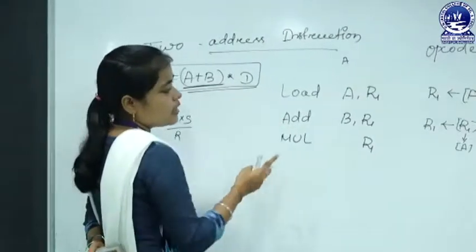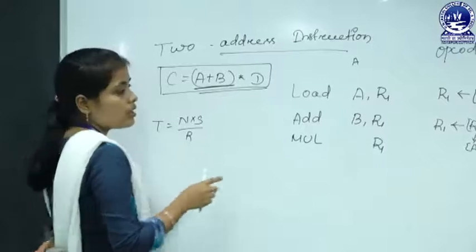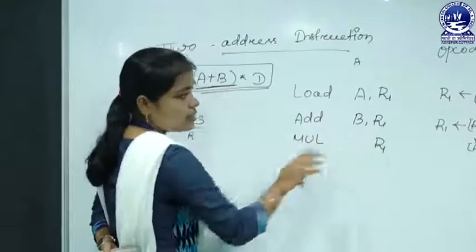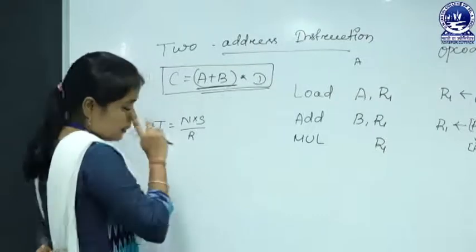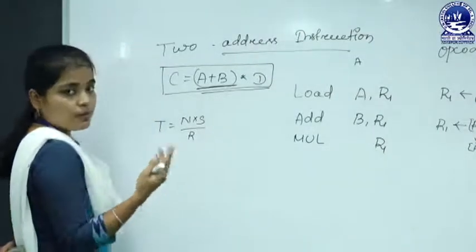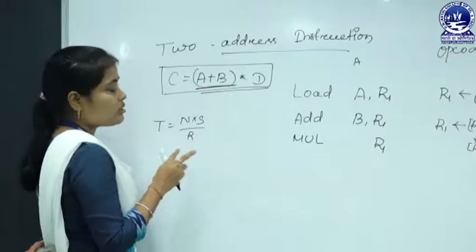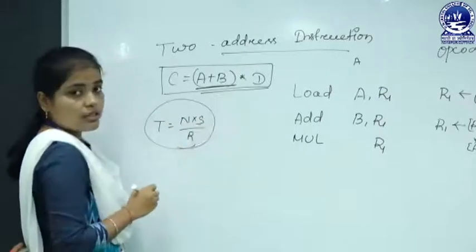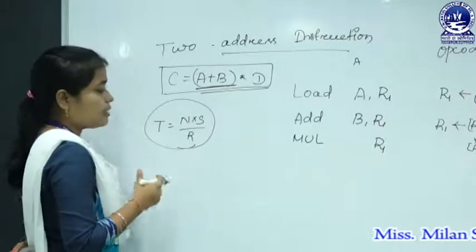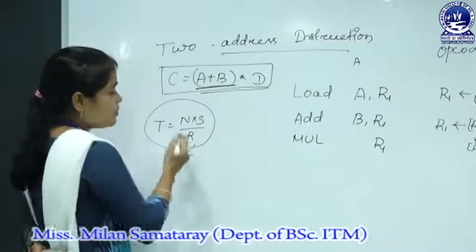Here you can take multiple registers to perform the operation, but I am taking only one register and doing the operation using that register. Why am I not taking multiple registers? Because if I write multiple registers, then this equation fails, that is, the basic performance equation.